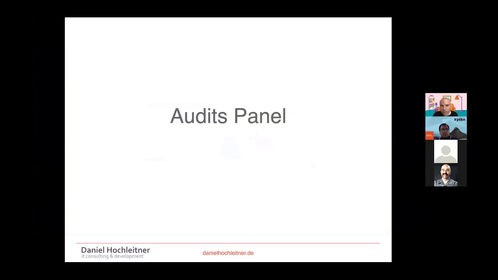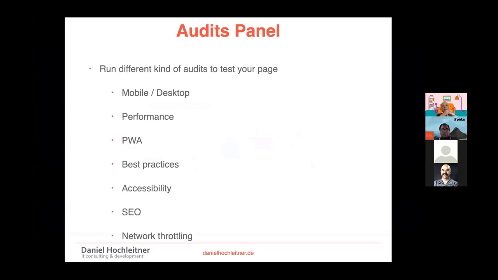The last thing which I show would be the audits panel to perform some audits. So is your application good for mobile or desktop use? Is the performance good? Does it care about progressive web app functionality?